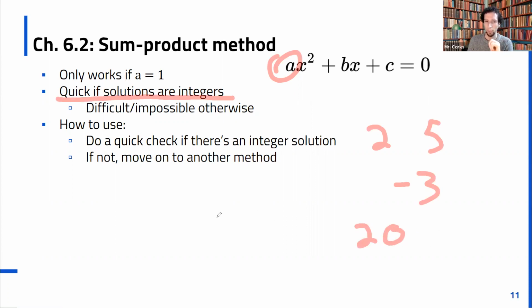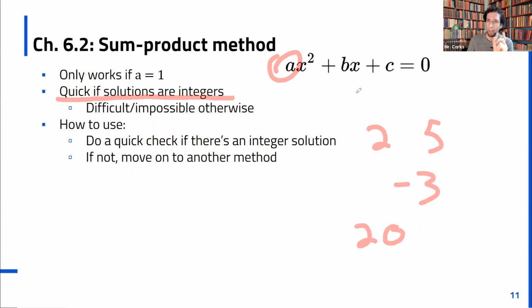But if it's like 1.326, it's not going to work. Eventually you would find it in theory, but it's just really tedious. You're not going to want to use this method in that situation.